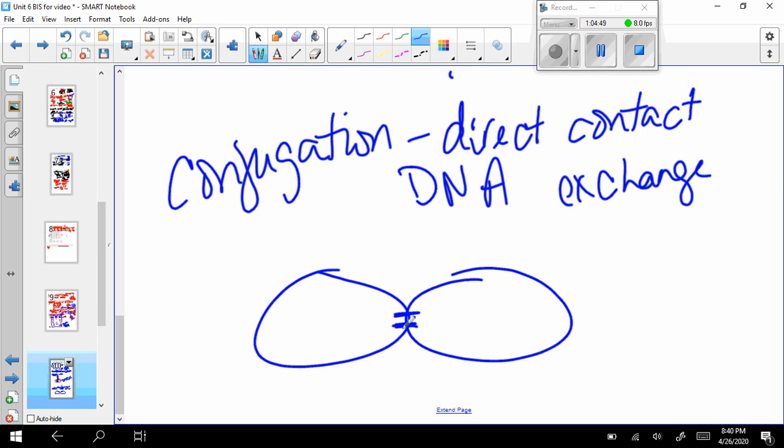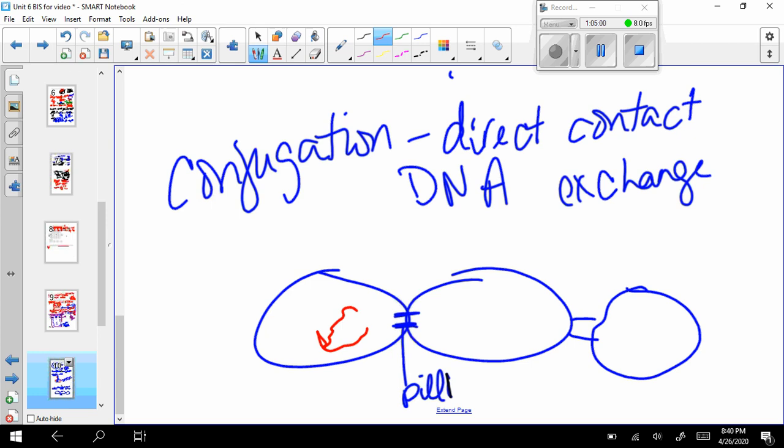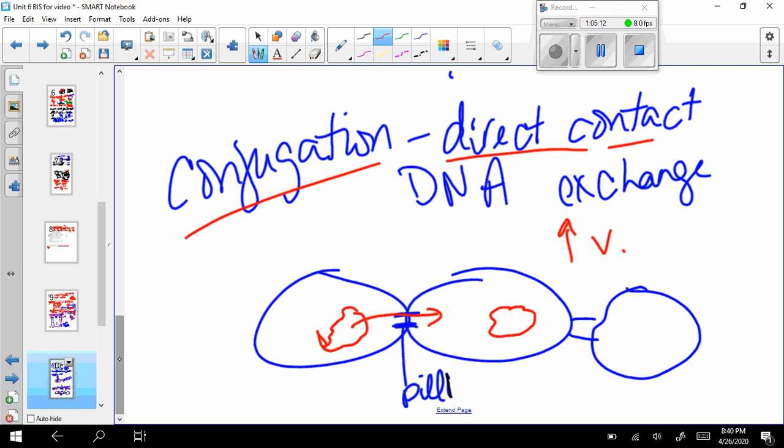Sometimes they have these little things called pili, which are little extensions off of them, and that's how they connect to another cell. And if they pass, like here's some DNA inside of this cell, if they pass it from one cell to another cell, they are definitely going to increase the variety. But the difference is this one, it was in direct contact. It wasn't through the environment.